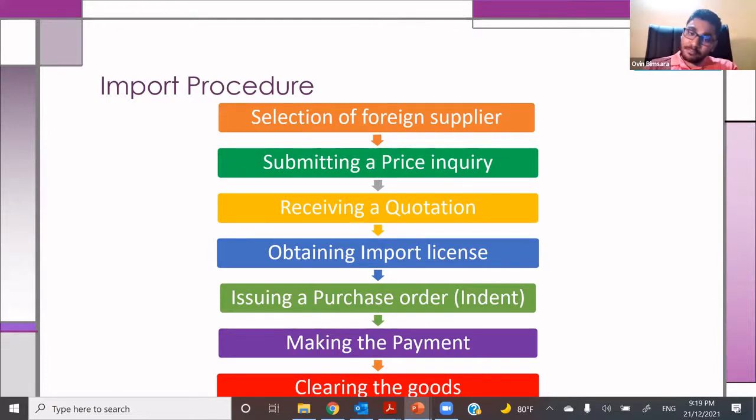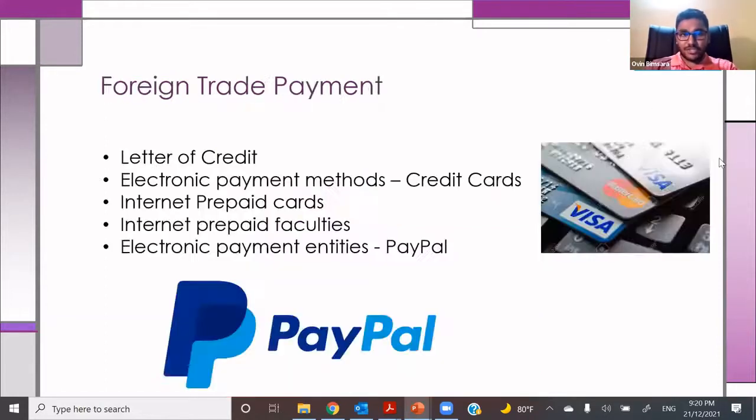After that, you will make the payment. The goods will arrive at your port, your harbor, your airport, and you need to release it from the customs, clear it from the customs by providing the necessary documents. So this is the import procedure that occurs in a general transaction.